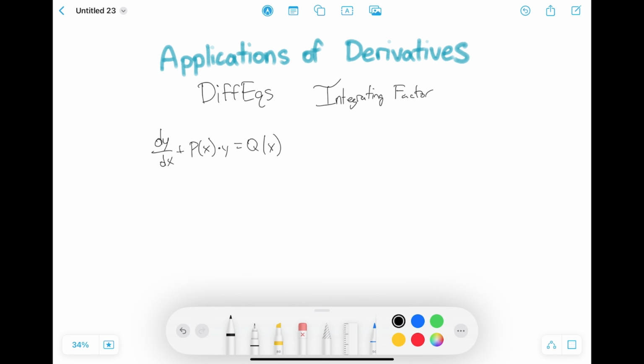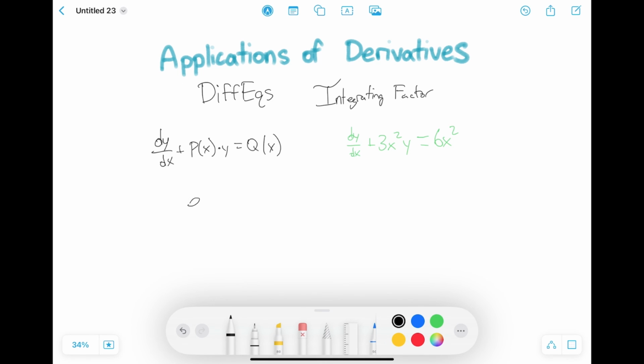So we're going to use an example. We'll say that we're trying to solve the following equation: dy over dx plus 3 times x squared times y is equal to 6x squared. So our first step here is we're going to identify p of x. And p of x here is going to be that 3x squared.